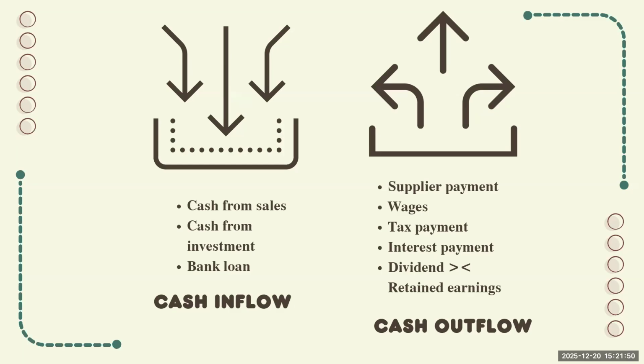Here, the problem is we want to have more inflow than outflow. And in procurement, we majorly deal with a single type of stakeholder, that is the supplier. Therefore, we may want to maximize our cash flow through managing the supplier payment and their payment terms.